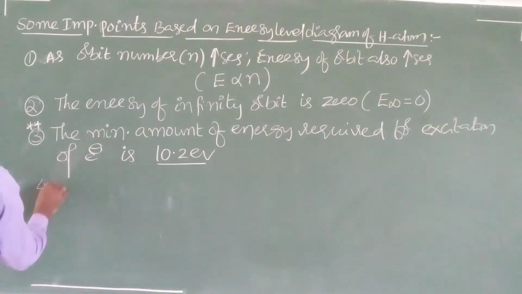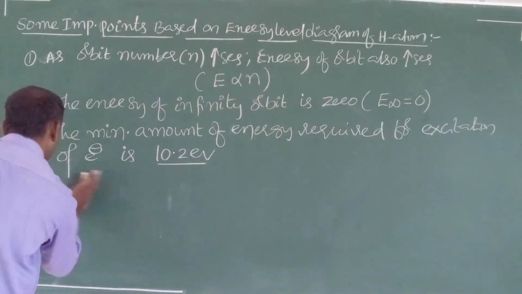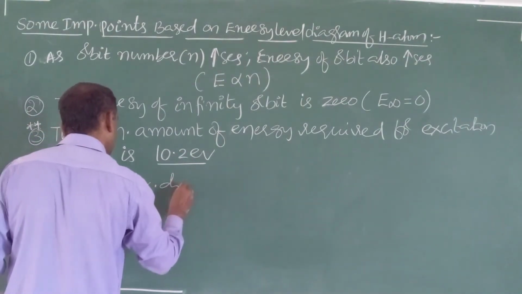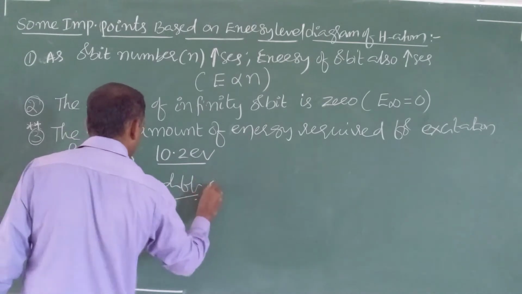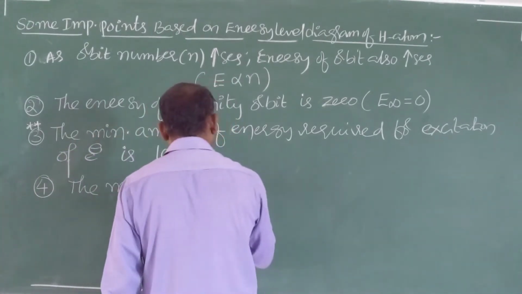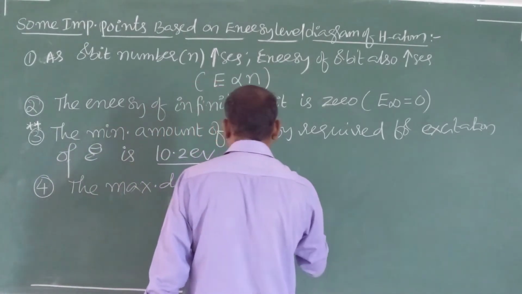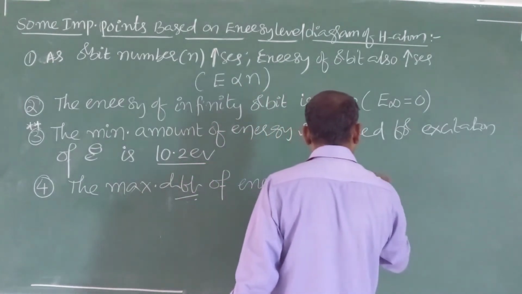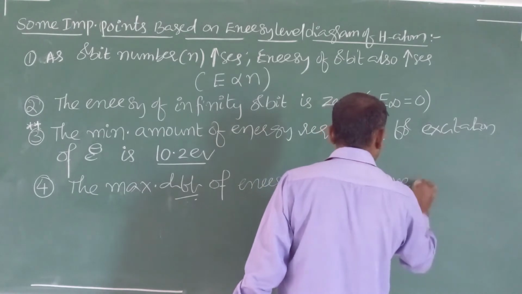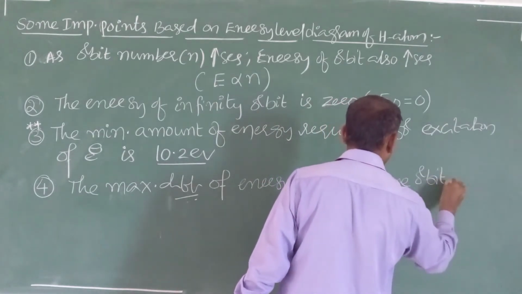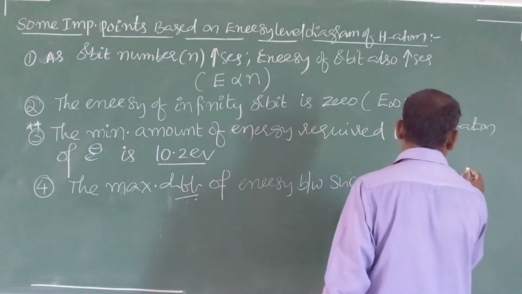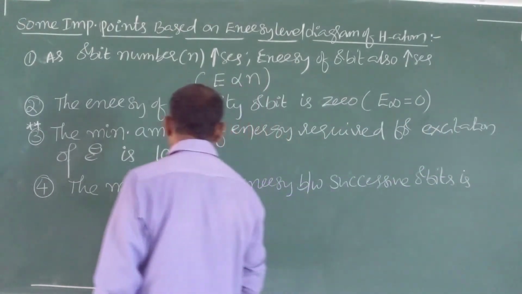Next, the maximum difference of energy between successive orbits is between n1 and n2.